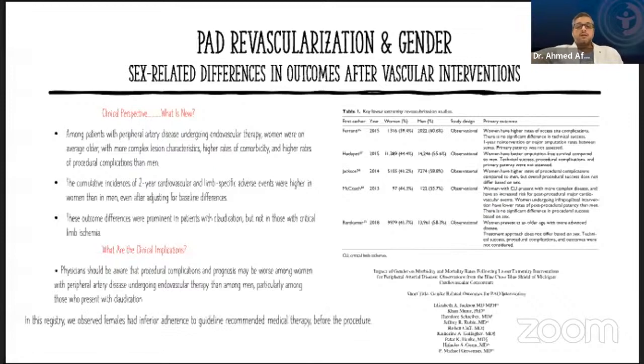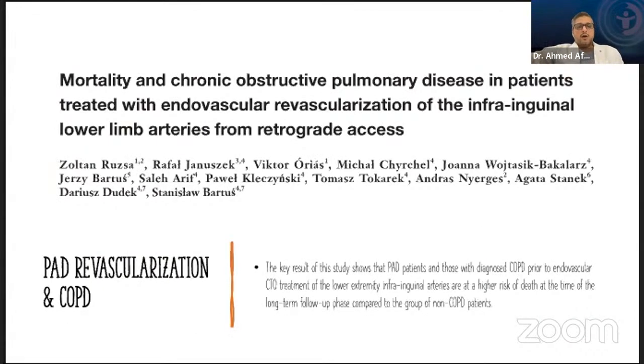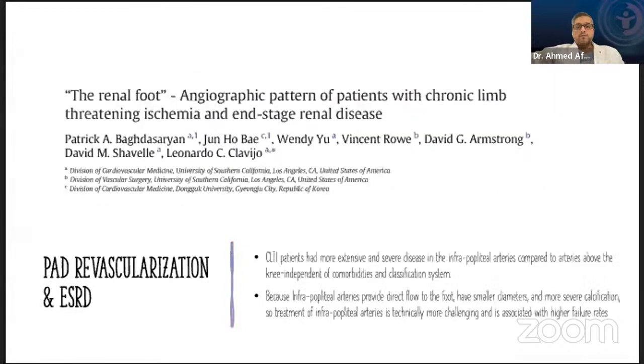One of the problems I noticed about female patients is that they are less adherent to the treatment before the procedure as recommended by guidelines. Also, patients with COPD, in one study, were found to have a higher mortality rate if revascularized.